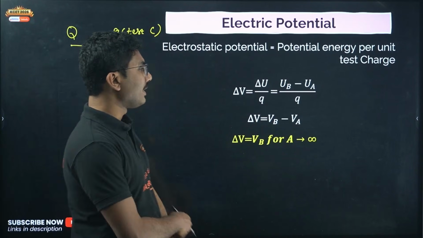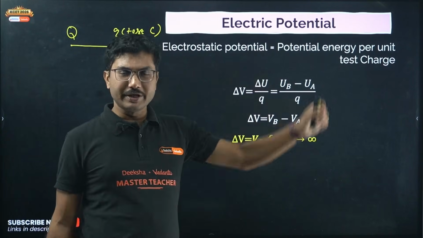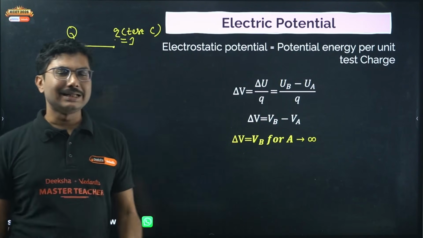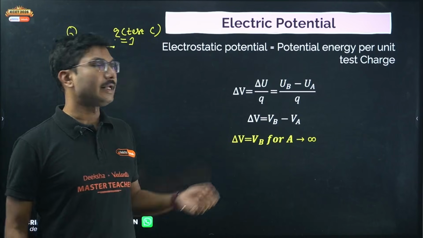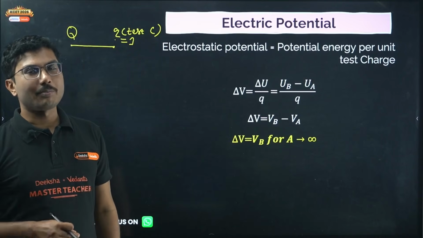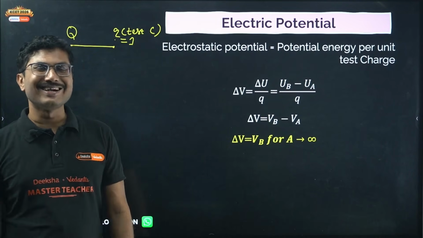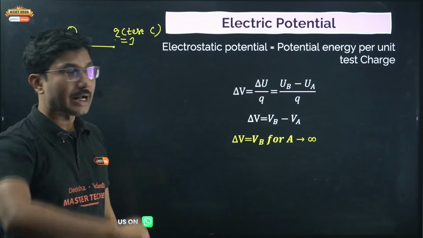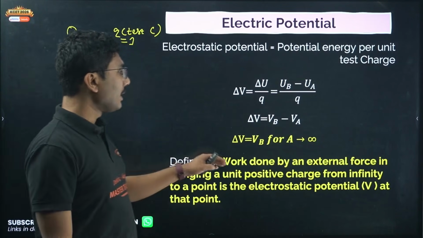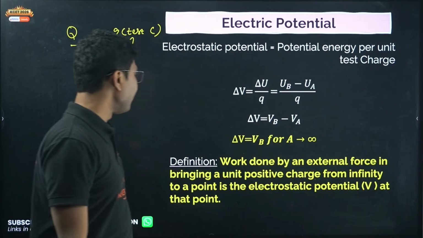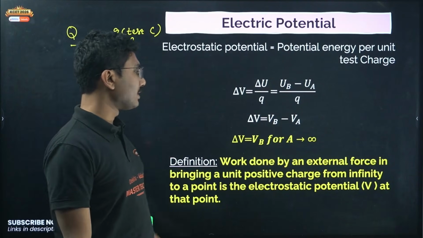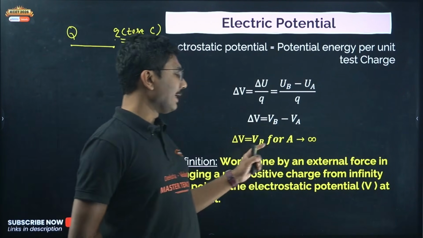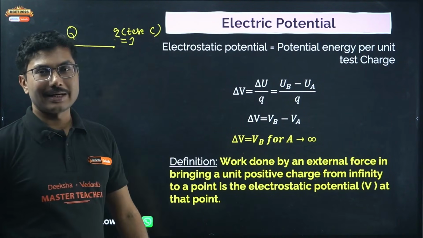Now if you can take one point to infinity, that is, if the starting point is at infinity, then the potential at a particular point is basically the work done to bring a unit positive test charge from infinity to that point. So the work done by an external force in bringing a unit positive test charge from infinity to a point is the electrostatic potential at that point.